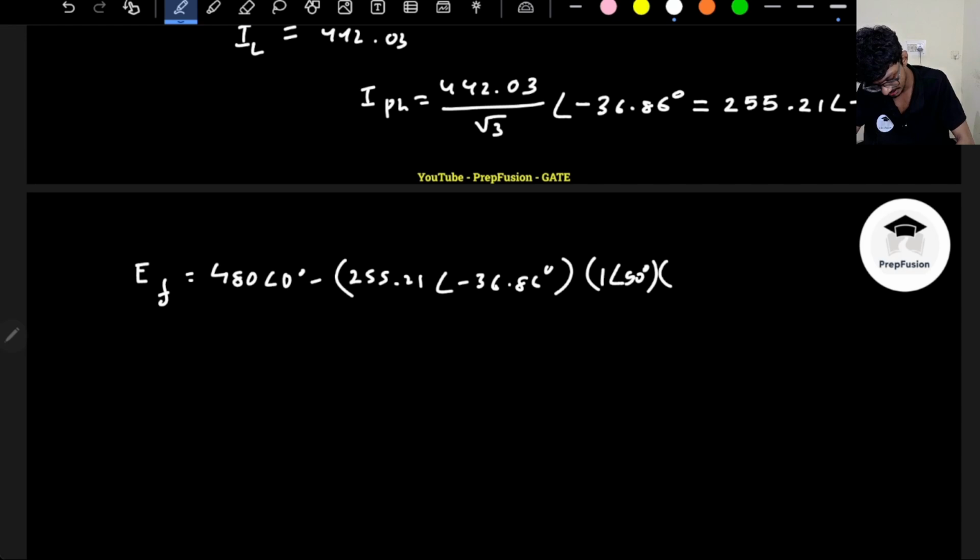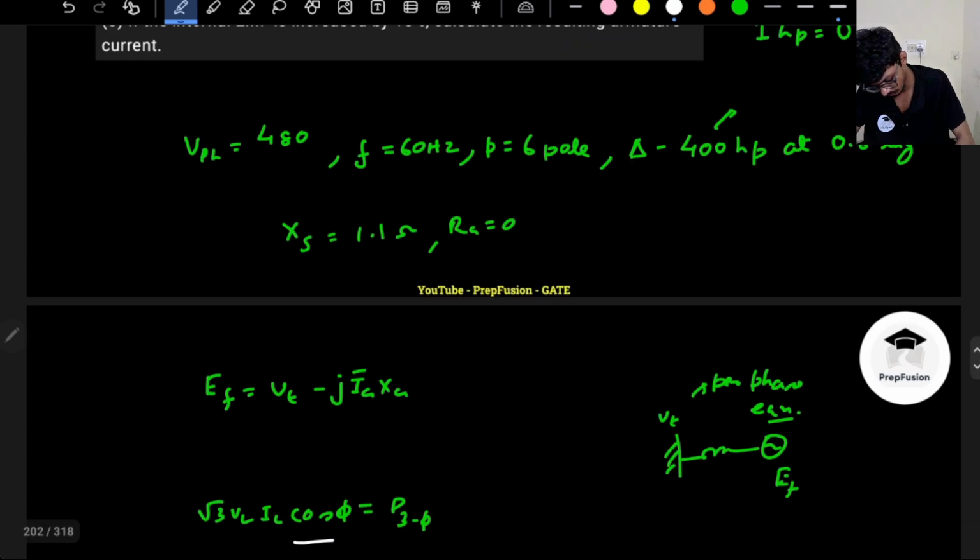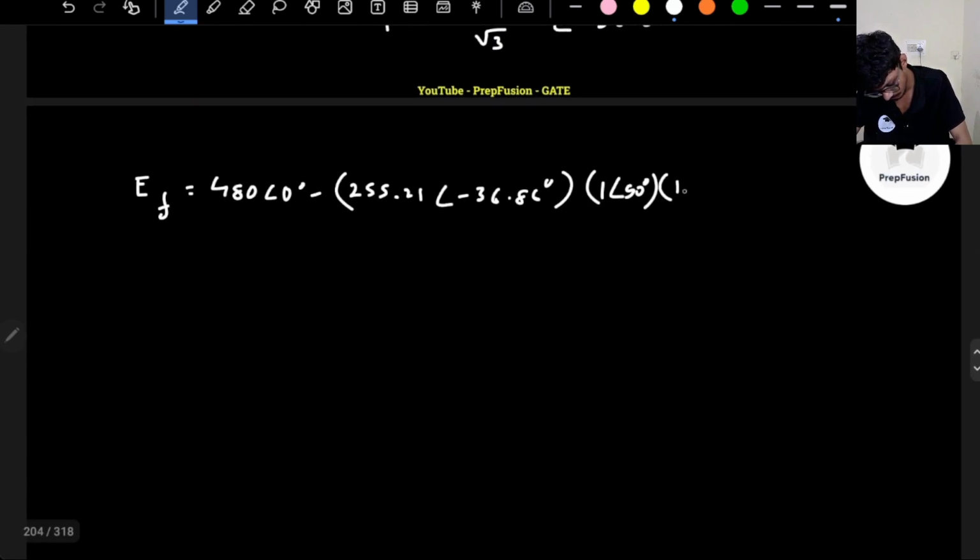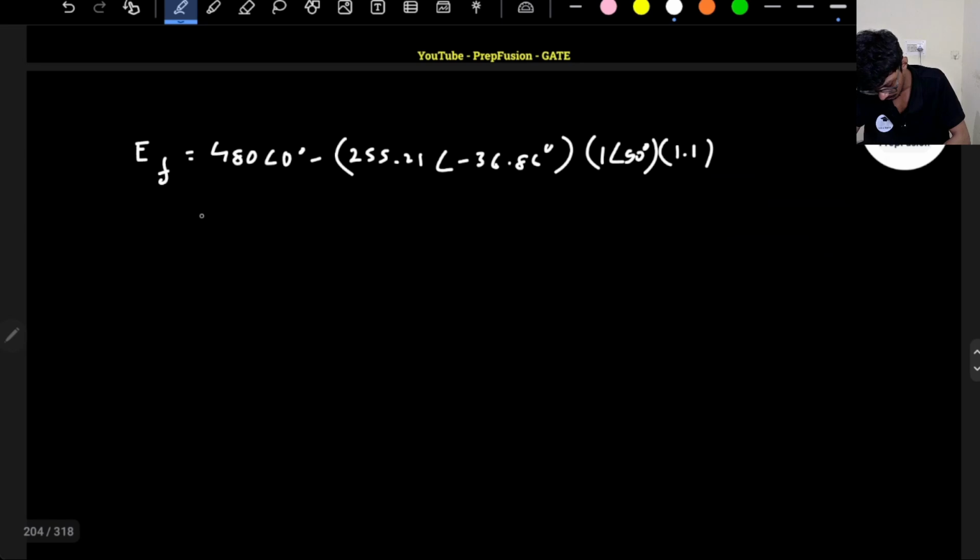Xs is 1.1. So minus 280.73 angle 63.13 degrees, and 480.